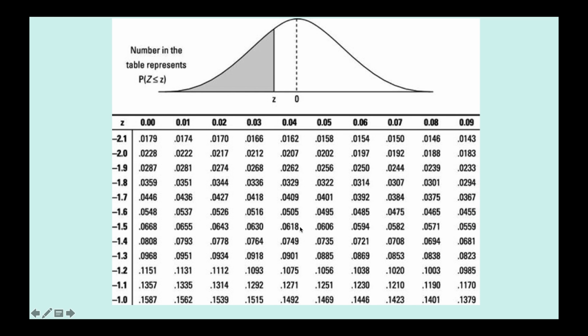So find 0.05 on your table. Here it is. It's 0.0505, but close enough. And that corresponds to a z value of negative 1.64. You might even say negative 1.645, which would be right in between 0.0505 and 0.0495. So all you need to know is your alpha, and you can find your critical value.